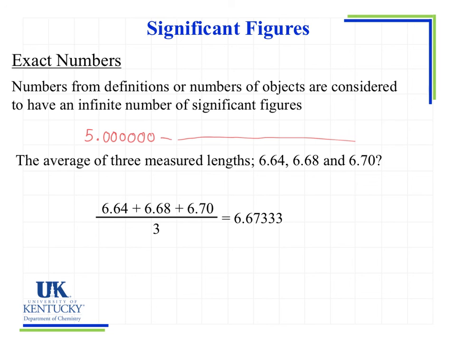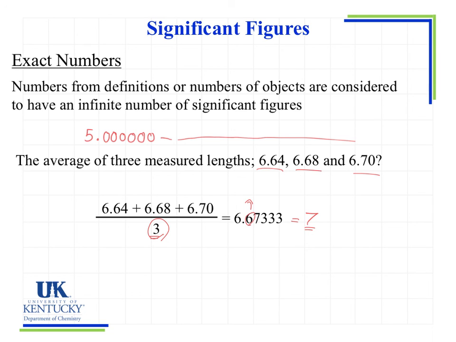In examples like this, if you want to get an average of these 3 numbers, you add these 3, that's how you get an average, and divide it by 3. We will learn about this in the next video, but if you want to follow the significant figures, you might say this is 1 sig fig, so your answer should have 1 sig fig, so it should be 7, because for 1 sig fig, since it's a 6, we round it up to 7.